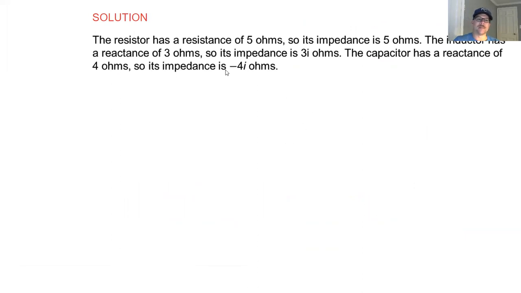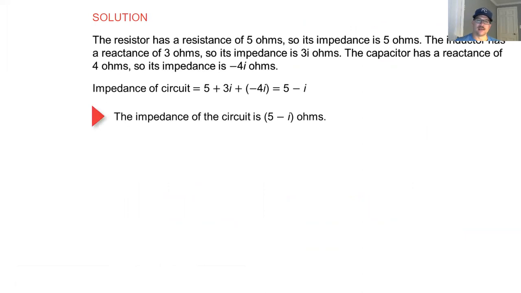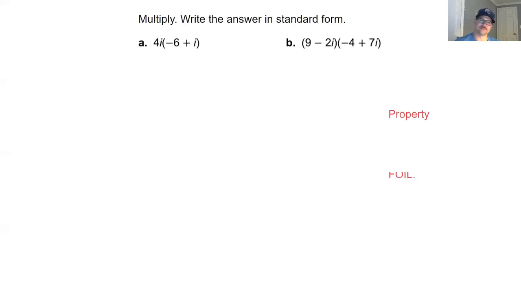Again, it's because its impeding is negative. So when you combine all that together in order for this circuit to flow, you are combining 5 with 3i, negative 4i, and then setting that equal to 5 minus i. Again, combining like terms, 5 minus i is what is left over.